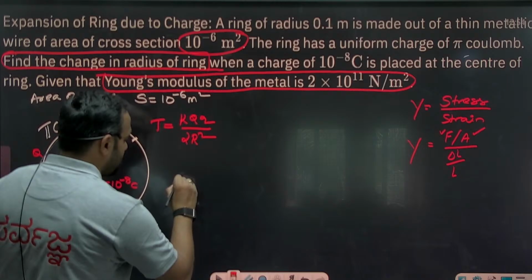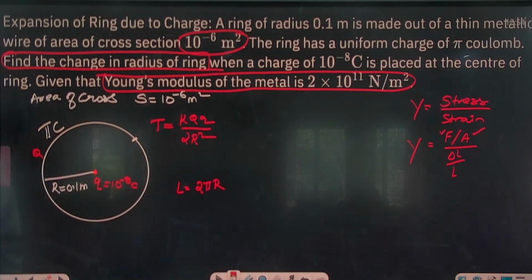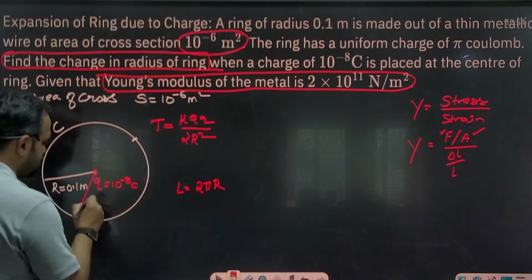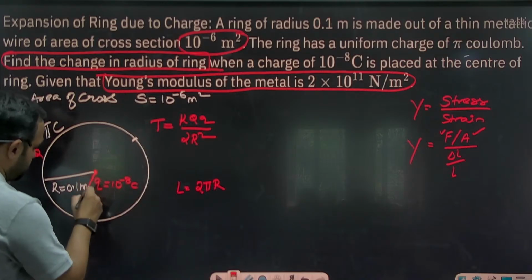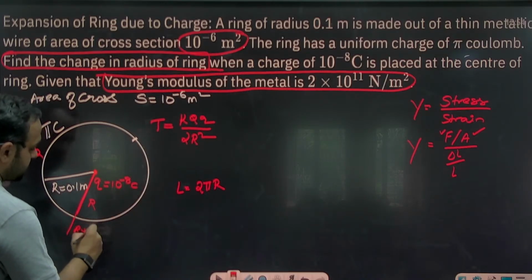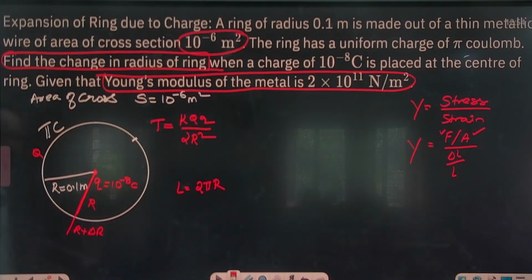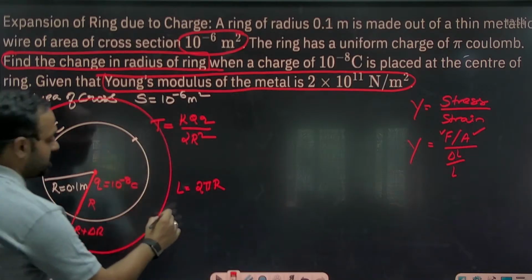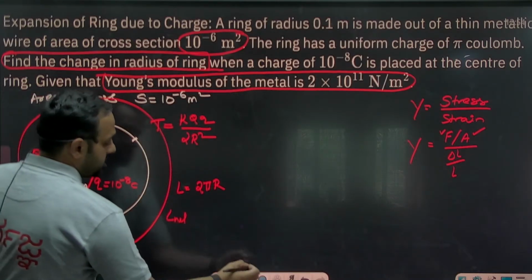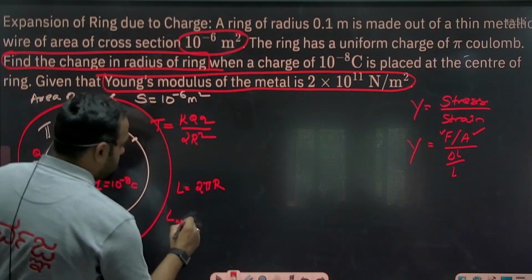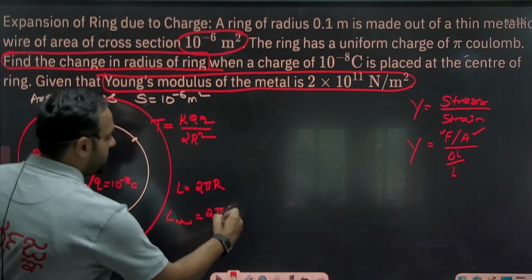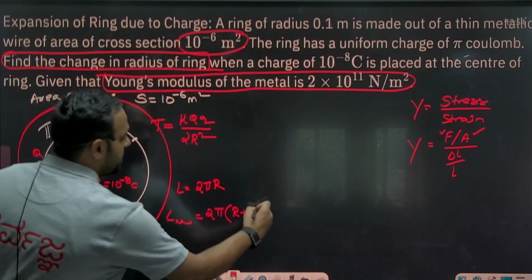Initially, what is the length? Let's say the radius increased from r to r plus delta r. What is the length of this ring? The new length will be 2 pi (r plus delta r).